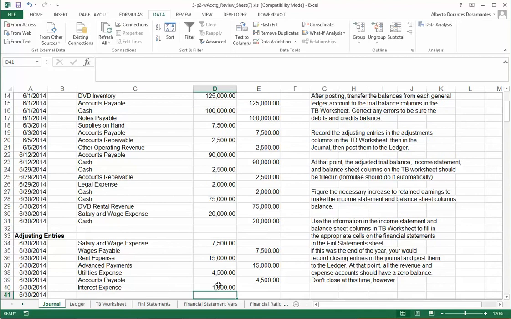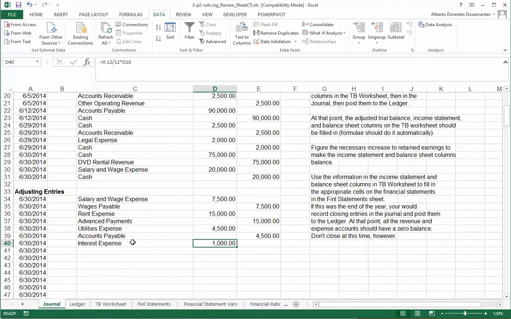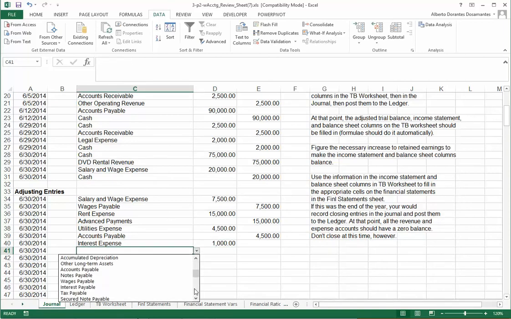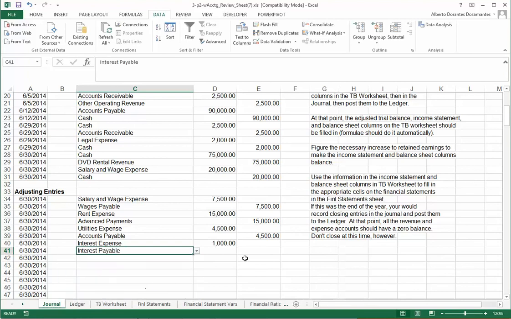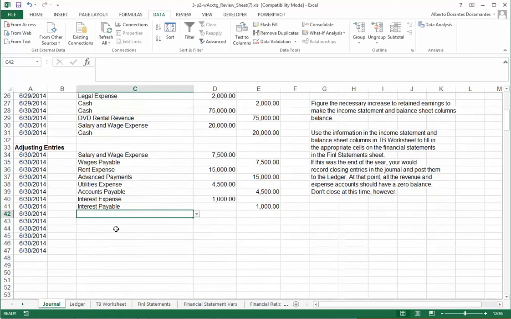The interest expense we have to recognize is 1,000. Since we are not paying this interest, we are just recognizing the expense, we select interest payable, that will be paid 3 years from now. Okay, then we are done with that.